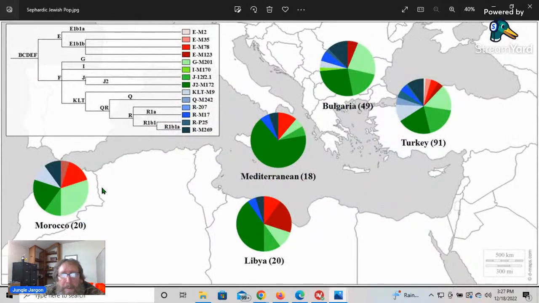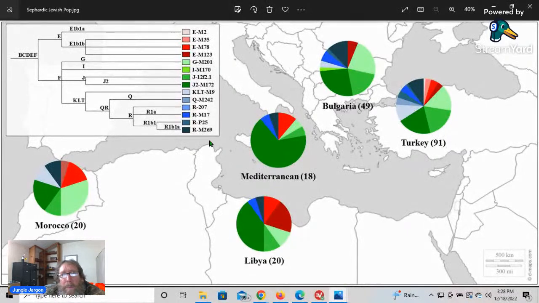Okay, now this is Mediterranean Judaic populations. These are Sephardic Jewish populations. Here again, Mediterranean. Anyways, it's showing 2/3 of the population are Judaic, with a little bit of possibly Arabic, but there's no T in this diagram anywhere.